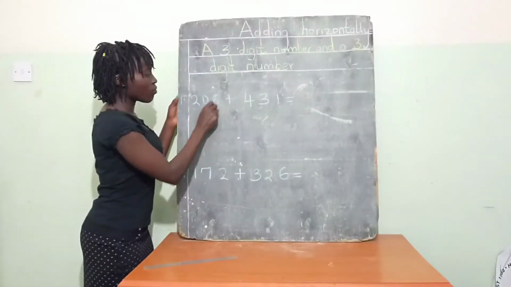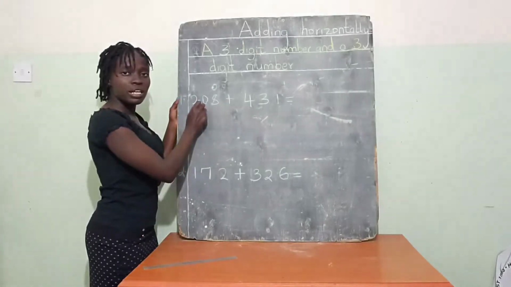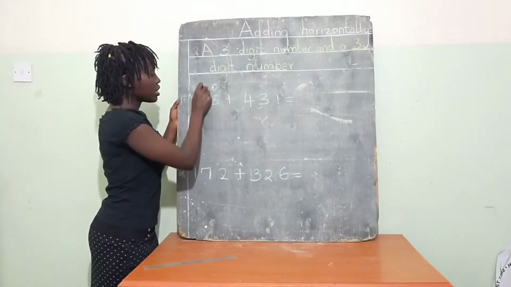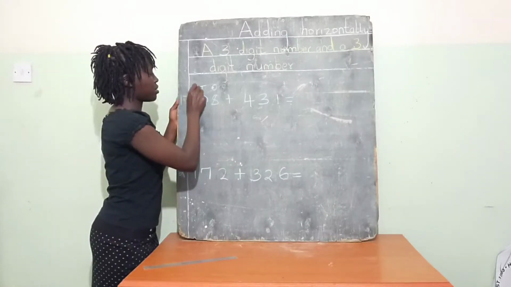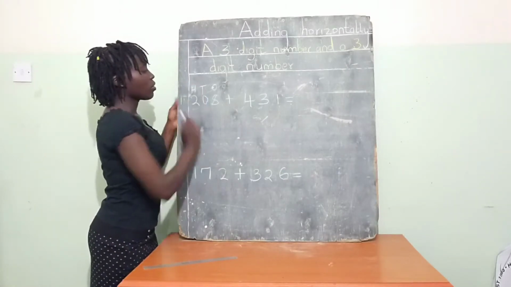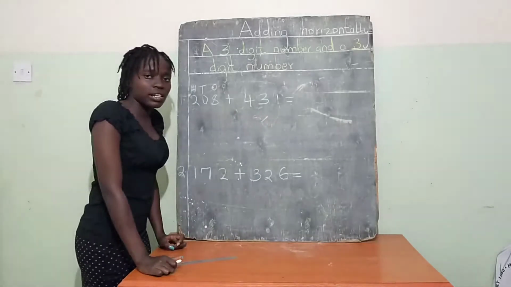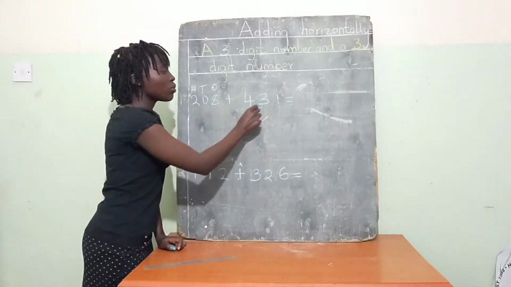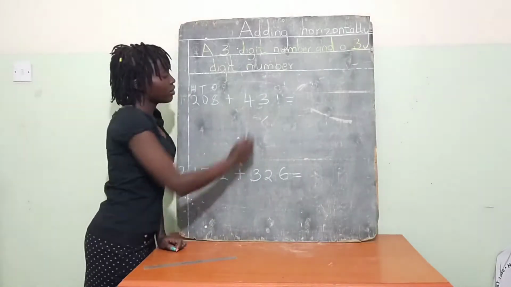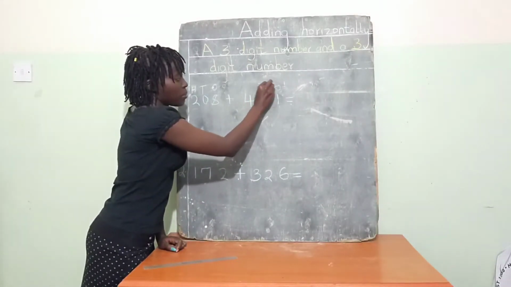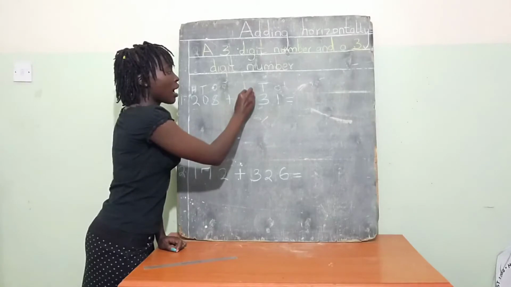The place value of 8 is ones, the place value of 0 is tens, the place value of 2 is hundreds. We move on to our next number, which is 431. The place value of 1 is ones, the place value of 3 is tens, and the place value of 4 is hundreds.